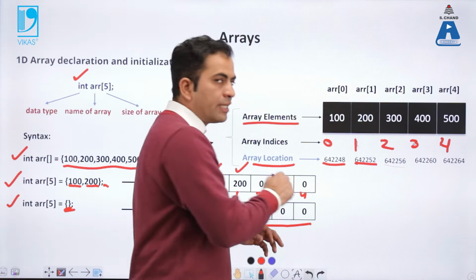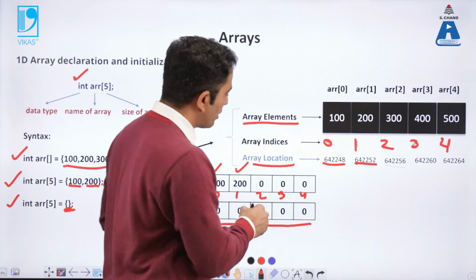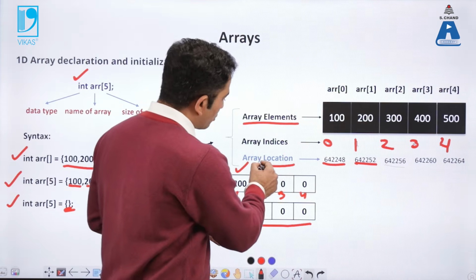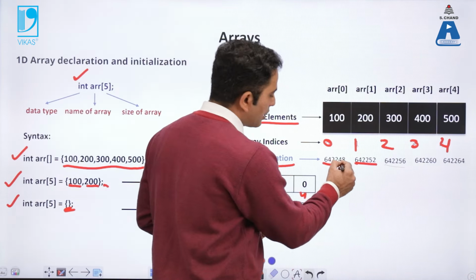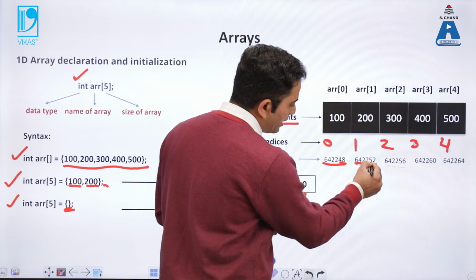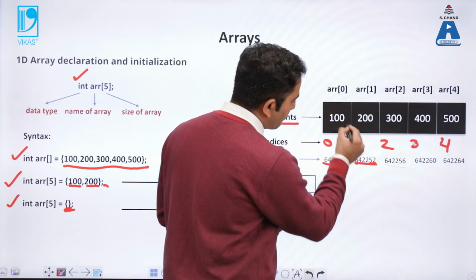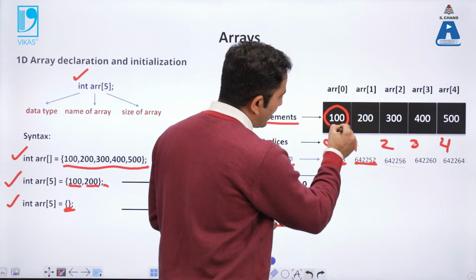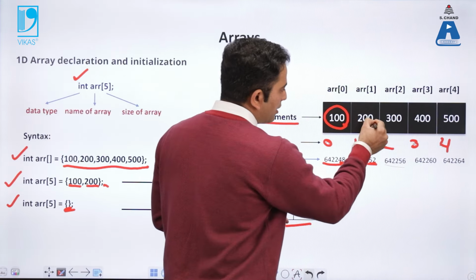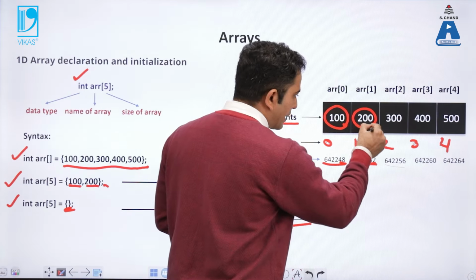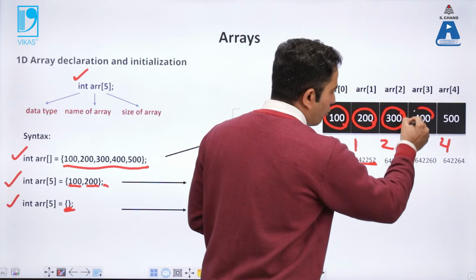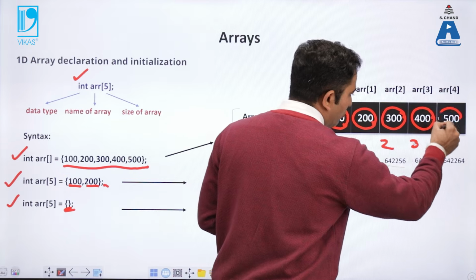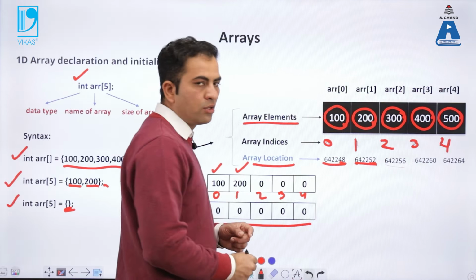We are taking the example of a 64-bit processor, so when we run the code, the array location is 642248, this is the decimal value, 48, after the 48 it is 4 bytes, 52, that means this particular 100 has taken 4 bytes, and then this 200 is taking another 4 bytes, this 300 another 4 bytes, this 400 another 4 bytes, this 500 another 4 bytes.